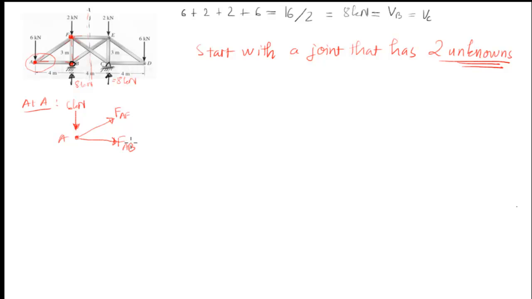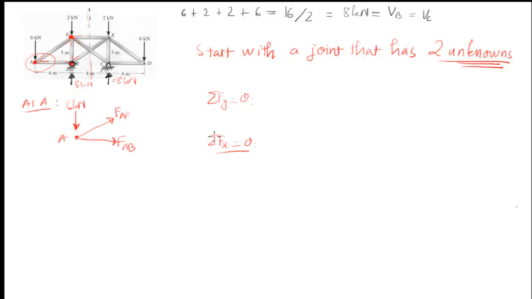Now we want to find FAF and FAB, so only two unknowns, so we only use sigma Fy and sigma Fx.